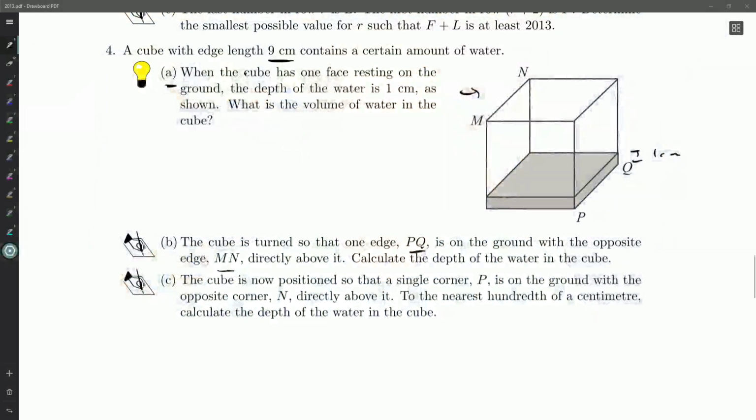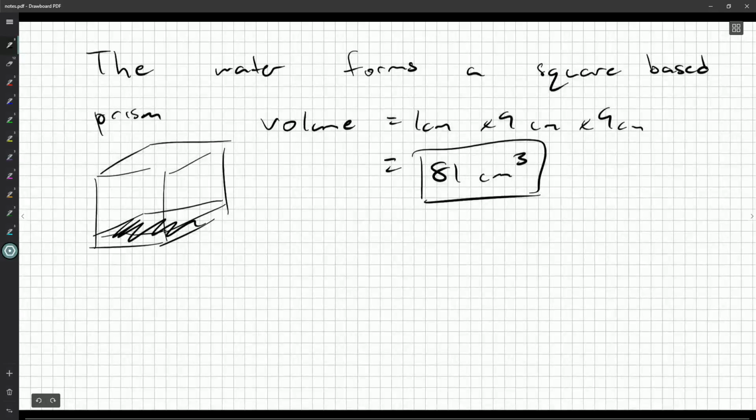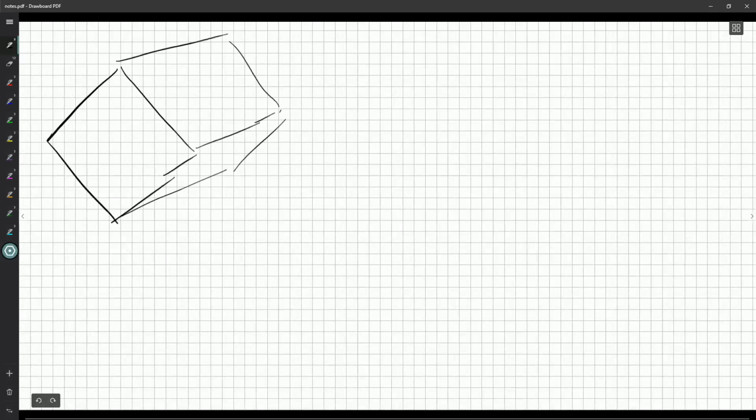Okay, so let's actually draw a picture of this so that we can refer to it when we're writing up our solution. I'm going to start on another page. Alright, so there's PQ.